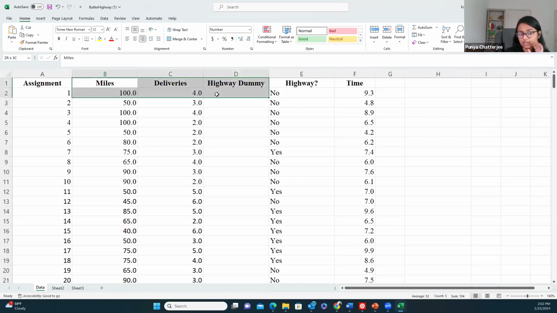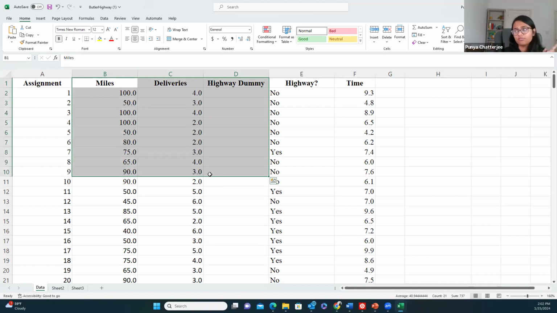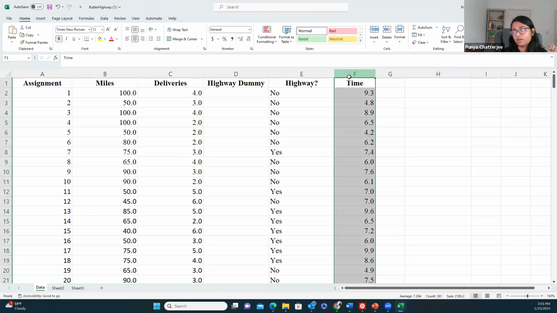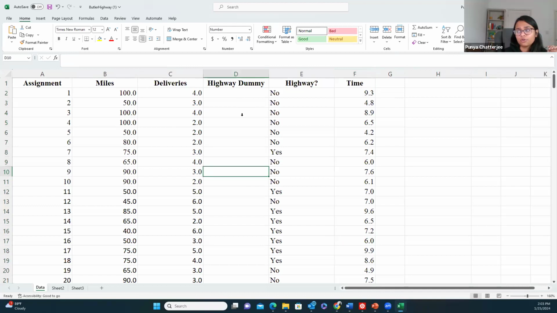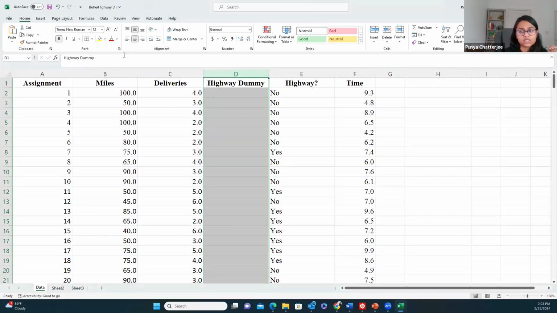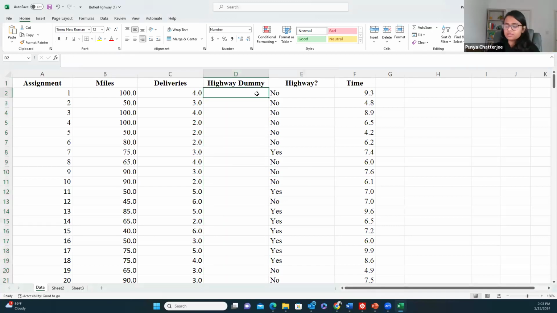So we have to make sure that the independent variables are sticking together. If I did the highway dummy in here, I couldn't select miles, deliveries, and highway together in regression. So it's important that your independent variables in regression are sticking together.